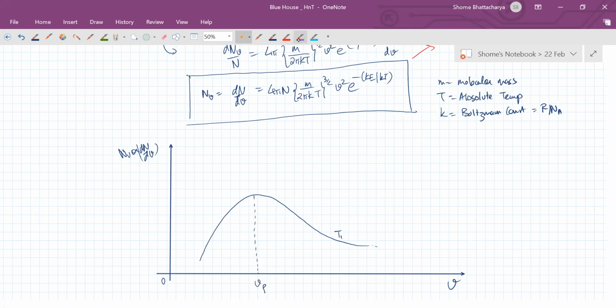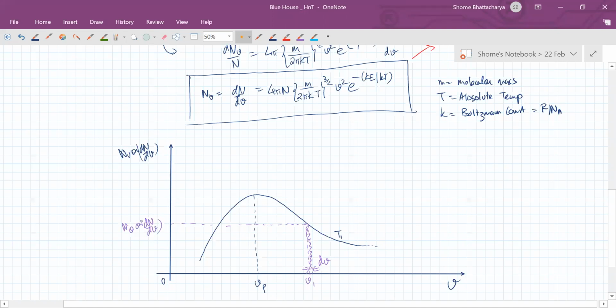Okay. Now the other thing to understand about this curve is that if I take at a particular velocity v1, if I draw a small strip, okay, which is for a range of velocities from v1 to v1 plus dv1, then the area of that strip is nothing but nv or dN by dv. Okay. So the area of that strip dA is nothing but nv into dv. So that is nothing but dN by dv into dv.